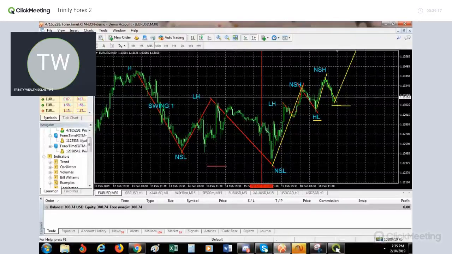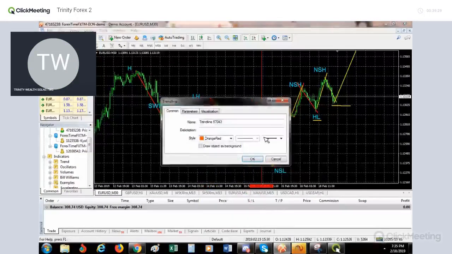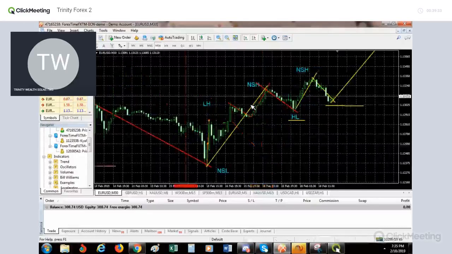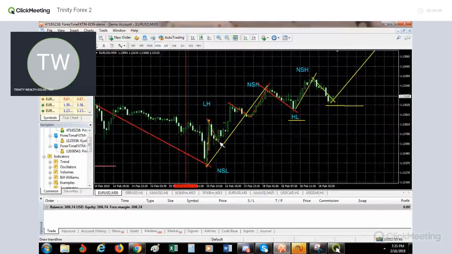Actually, let me make it a little bit clearer, sorry. So the yellow lines form the main swing, and the red ones are forming the minor swings.